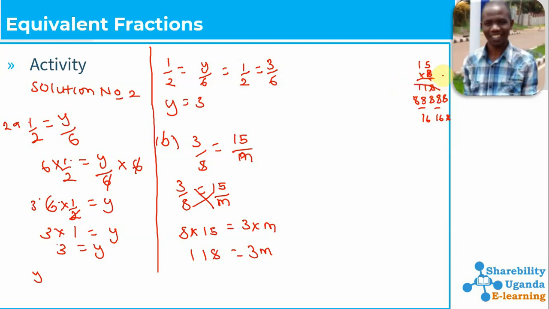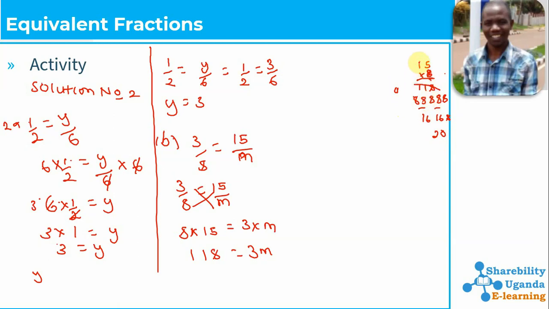Okay, this is going to be our 20. Then let's write it very well here. We write our 0. Then we say what is 8 times this.